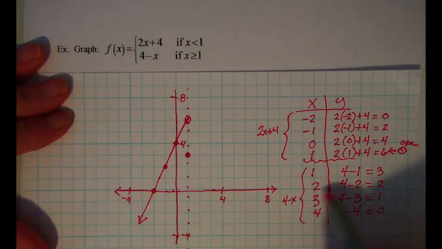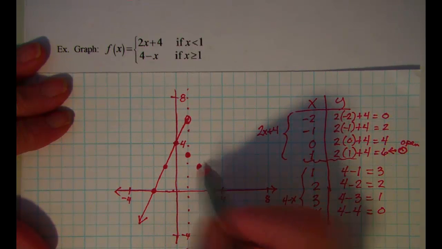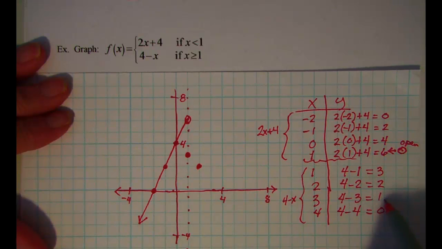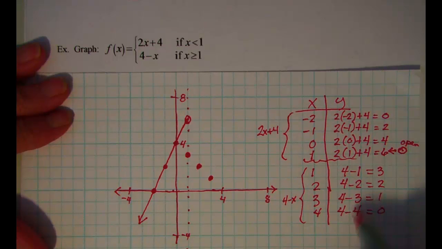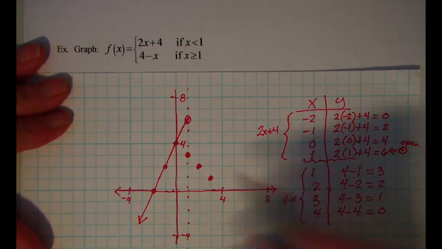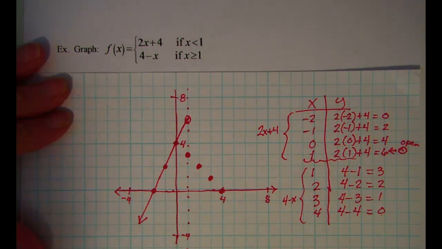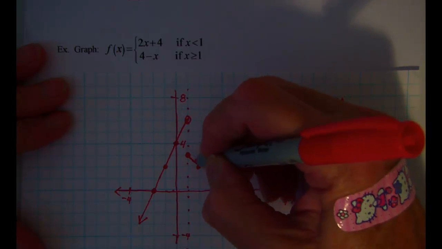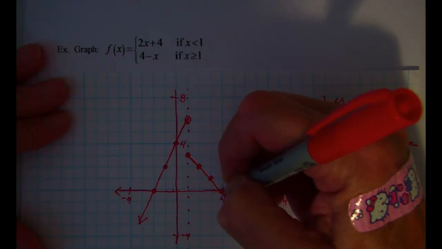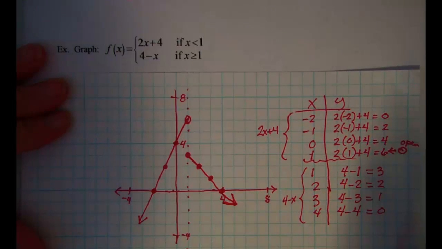Then when x is 2, y is 2. When x is 3, y is 1. And when x is 4, y is 0. So on this side of x equal 1, on this side of that barrier, I have a linear function with a negative slope. Keeps on going forever that way.